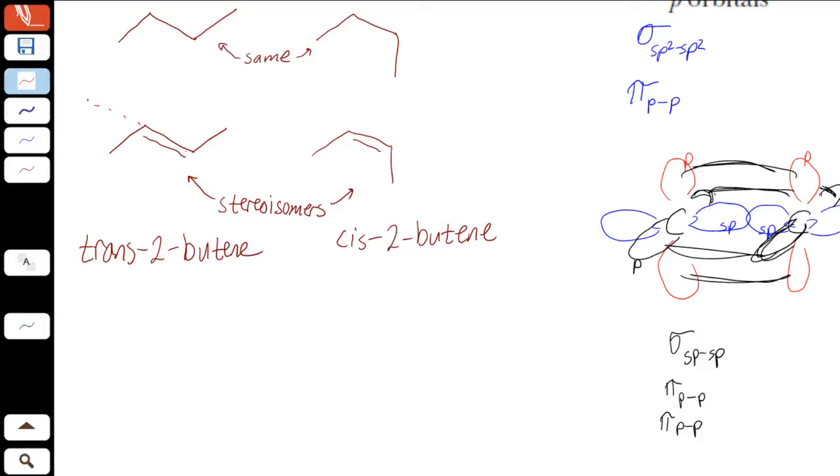So if we draw a line like that and like that, we can see that on the trans structure on the left, those other groups are on opposite sides of that line, and on the cis structure, they're on the same side of the line. So you know trans means opposite, cis means the same. So you've got opposite sides, same sides.